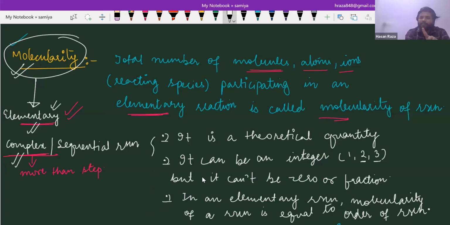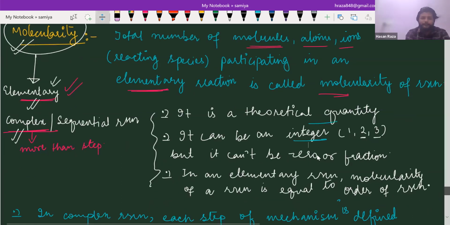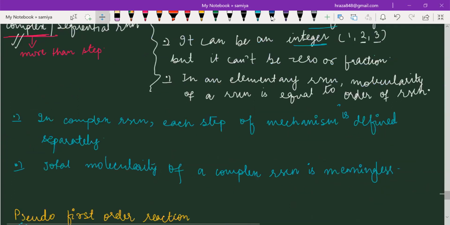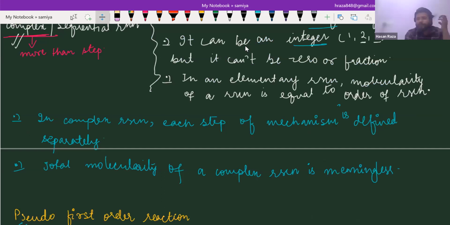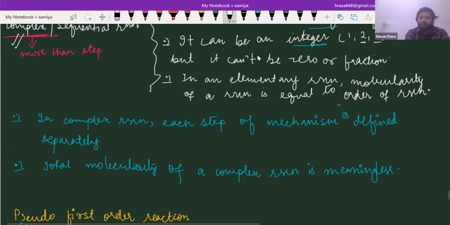There are some characteristics of molecularity. It is a theoretical quantity. It can be an integer 1, 2, 3, but it cannot be zero or a fraction like order of reaction. Also, in an elementary reaction, the molecularity is equal to the order of reaction. Have you taken this screenshot? Also, in a complex reaction, each step will have its own mechanism.